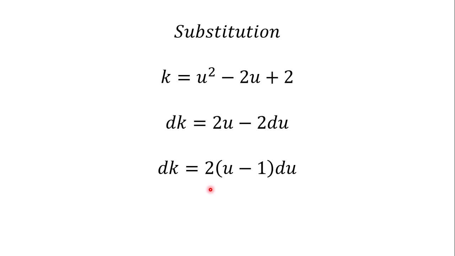We are going to divide both sides by this one. And that is going to give us 1 over 2 into bracket u minus 1 dk is equal to the u. So when we see the u in the k word, we will put this one there.